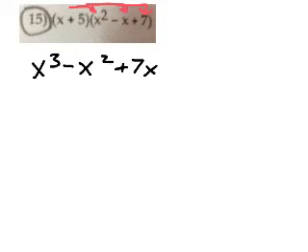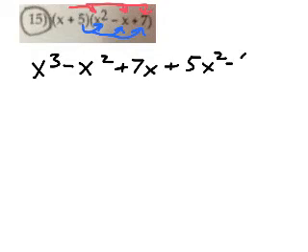Then we're going to distribute the 5 over all three. 5 times x squared is 5x squared. 5 times a negative x is a negative 5x. 5 times 7 is 35. And again, I'm going to combine like terms.